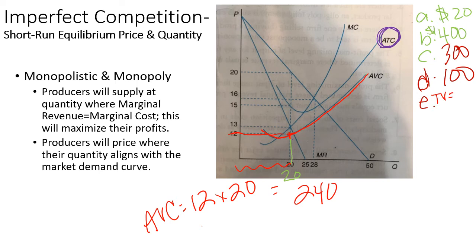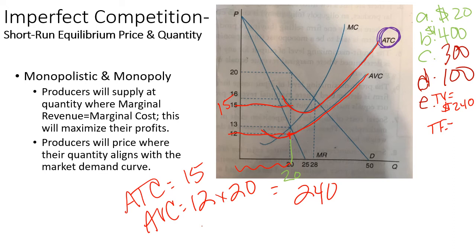So total variable equals 240, and then total fixed. Well, there's not a fixed cost curve here, but there is a total cost curve. And we know our average total costs are $15, and average variable costs are 12.